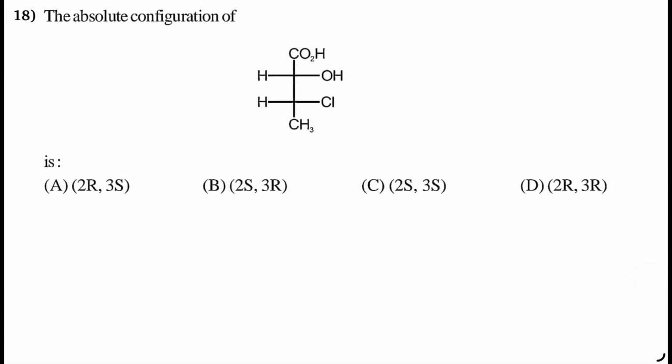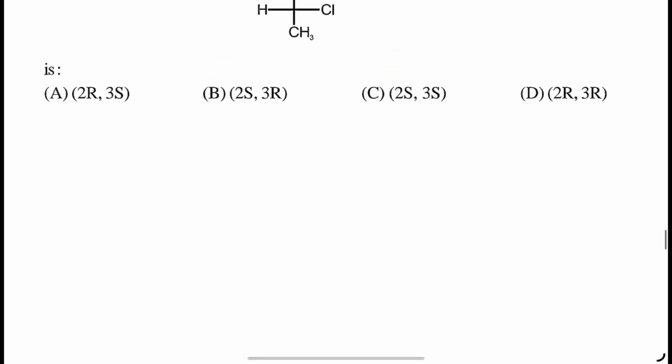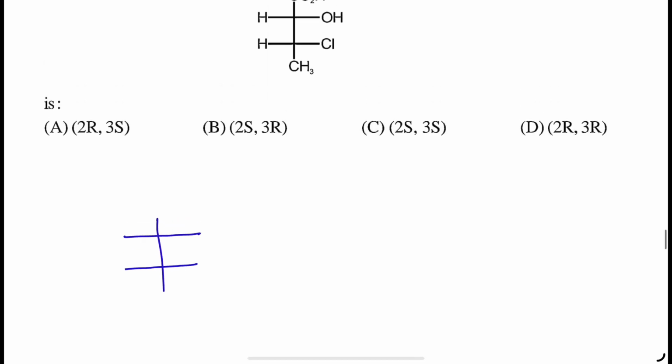The absolute configuration: here the molecule is represented in Fischer projection formula. So there are two chiral centers. Here COOH, OH, chlorine, CH3, hydrogen, hydrogen. This is the IUPAC numbering, if you see first carbon, second carbon, third carbon, fourth carbon.